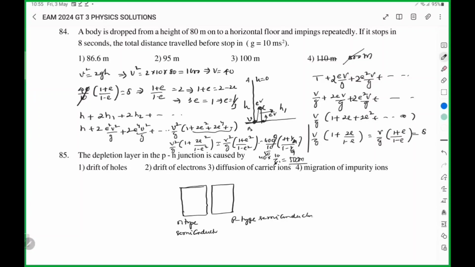N-type means majority charge carriers are electrons.